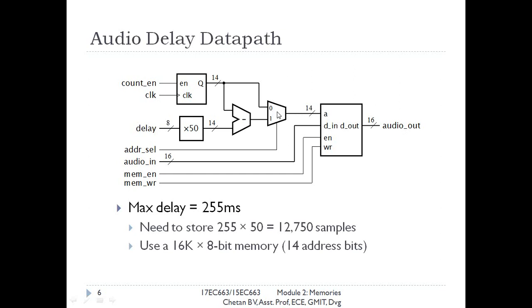This subtractor and counter and delay unit, this mechanism is used to produce the address of a sample which is located in a location, and that sample has arrived earlier, that is d milliseconds earlier, that is the previous sample.